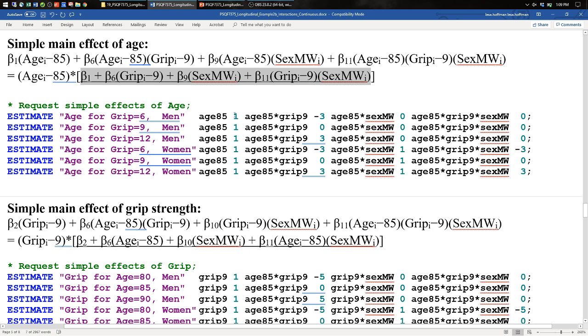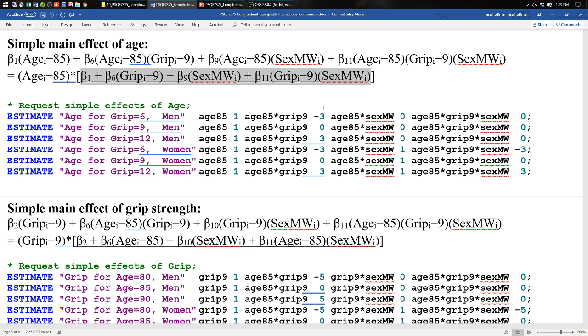Then I pick up age by grip, and because age has already been given a value of 1, the two-way interaction of age by grip takes a value according to which grip I want. And this is for somebody with -1 standard deviation, which happens to be 3, so I put a -3 here. So relative to 9, this would be a grip strength of 6 pounds per square inch.